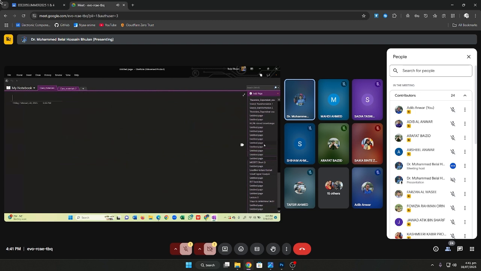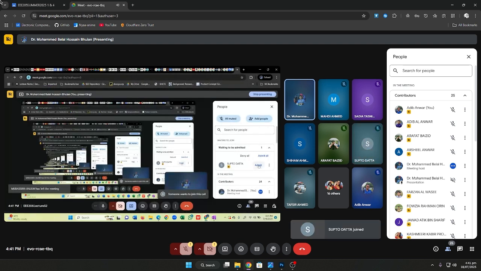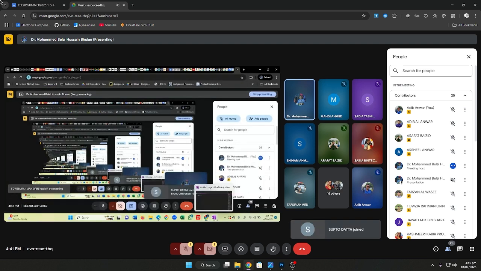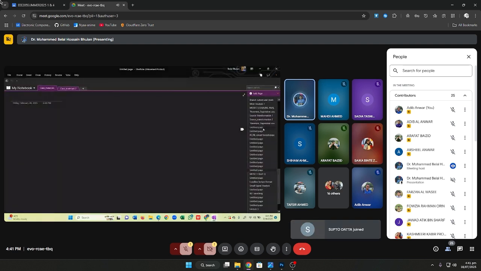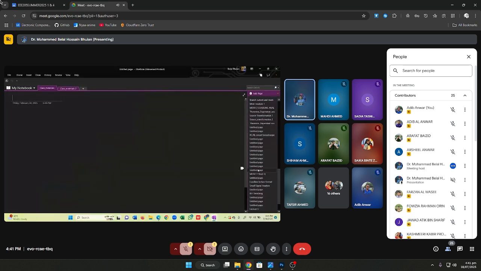I've got many diagrams already drawn. I try to find them.